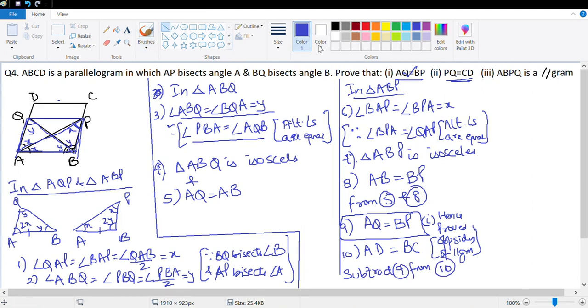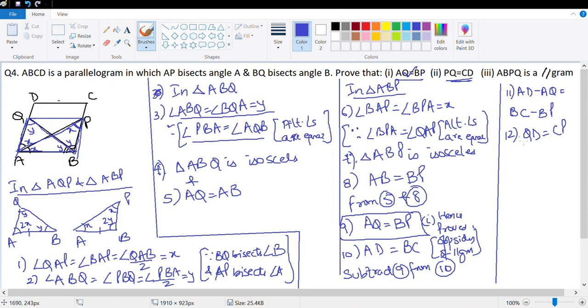If I subtract, what do I get? Number 11 would be AD minus AQ is equal to BC minus BP, which gives me AD minus AQ is QD and BC minus BP is CP, which means QD and CP are equal.